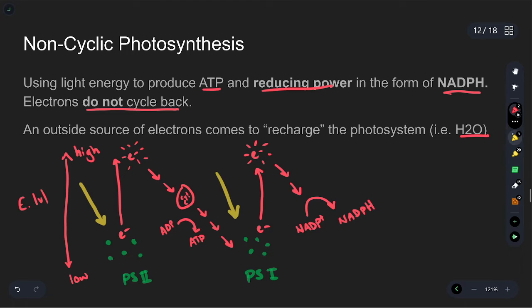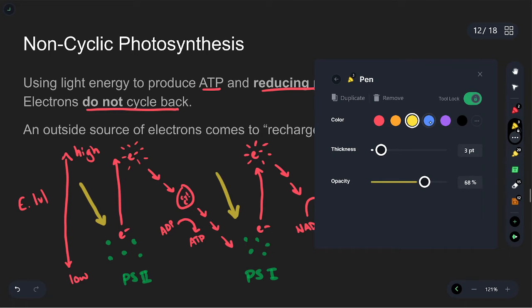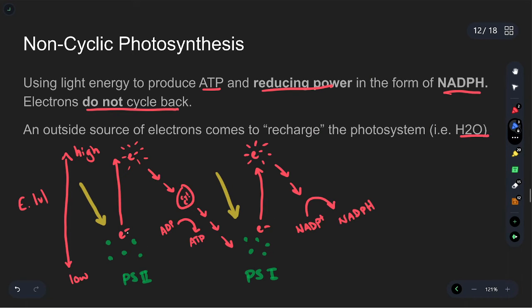Of course, in non-cyclic photosynthesis, we need an outside source of electrons to come and replenish the electrons lost in photosystem 2. So H2O, O2. Right? And the electron goes back here.